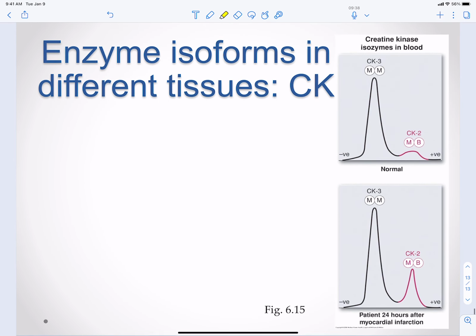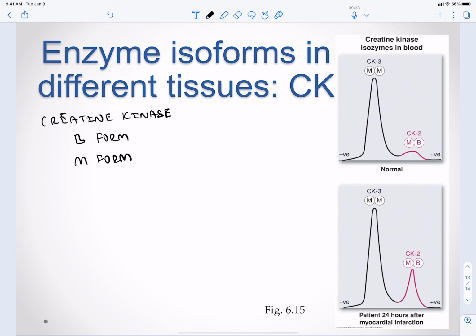Now we can also have enzyme forms in different tissues, and one important one to talk about is creatine kinase. Creatine kinase has a B form and an M form. B is for brain, and M is for muscle.